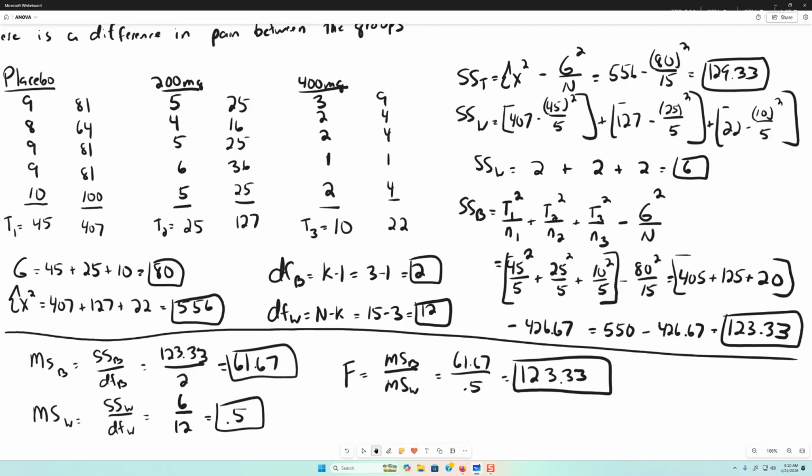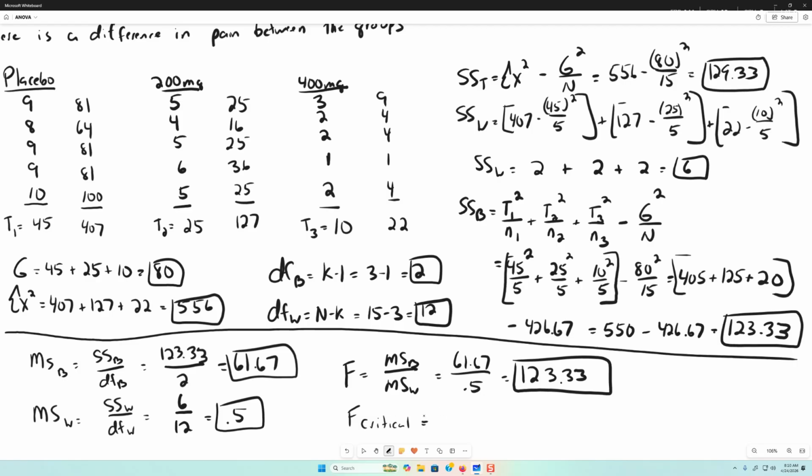So that means there's so much more between groups variability compared to within groups that the treatment is making a huge difference here. A huge difference. This is going to be significant, but we should find the critical value, even though this is so gigantic that it's going to be significant.